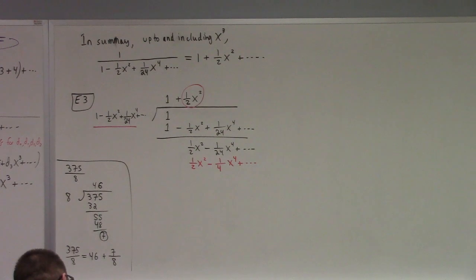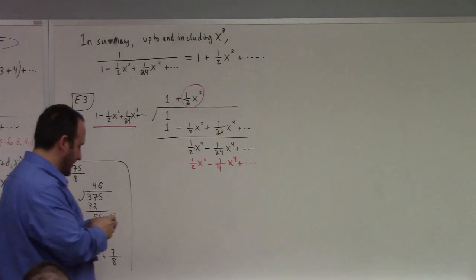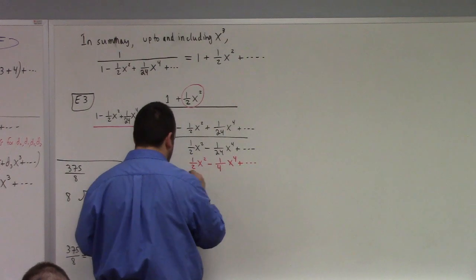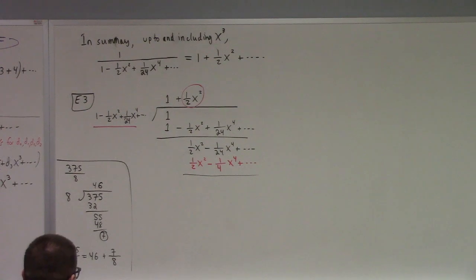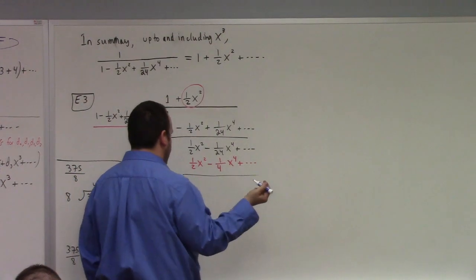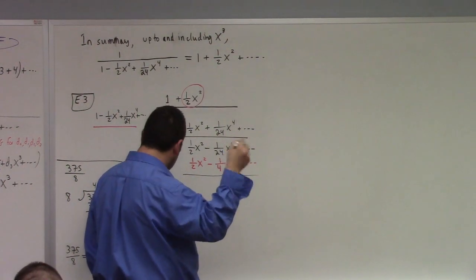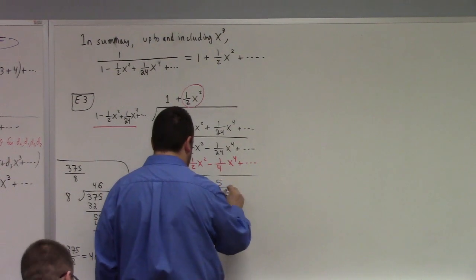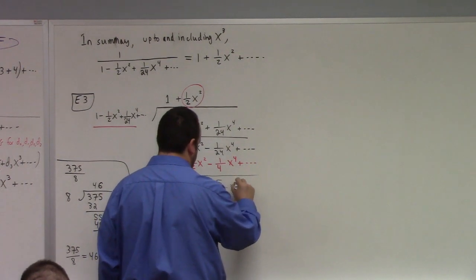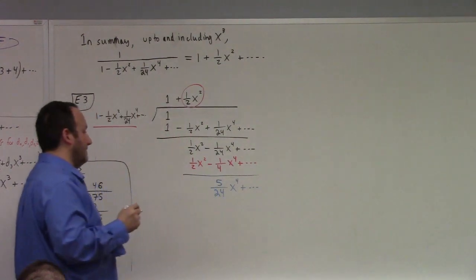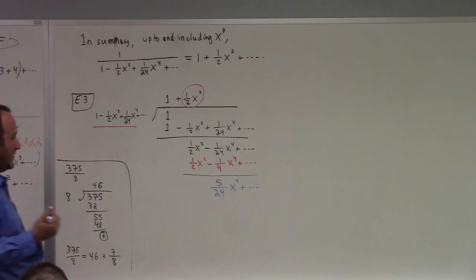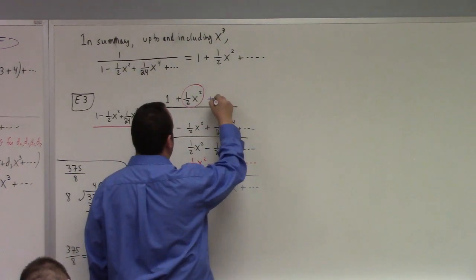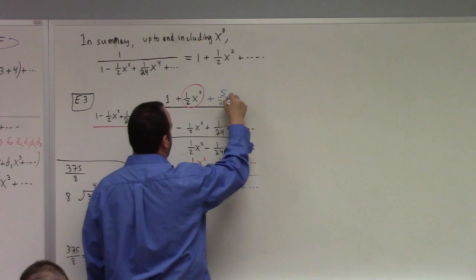Agree? But then long division says take the difference of the black and the red. That gives us blue. So 1/24 minus 6/24 is otherwise known as 5/24, yes. All right, so 5/24 x to the 4th plus dot, dot, dot. It's easy enough to see that the next term I put in the numerator is plus 5/24 x to the 4th.